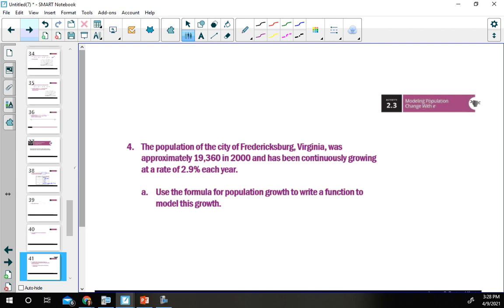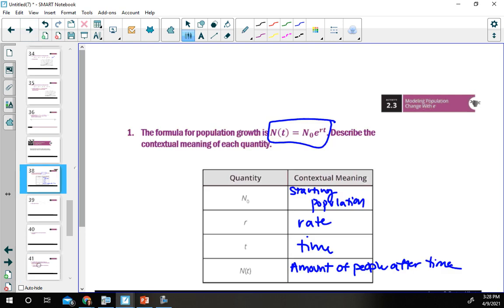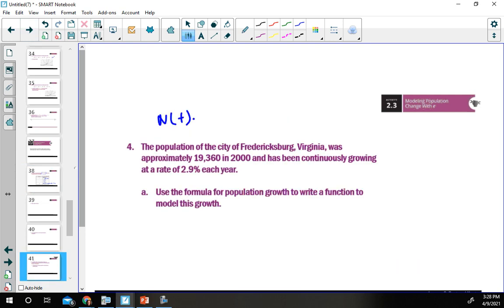Okay, so let's go back and grab that equation here. It says write the function with this model. So I'm going to say N of t is equal to my starting population, my E. I have my rate, which is going to be in decimal 0.029 times the time.